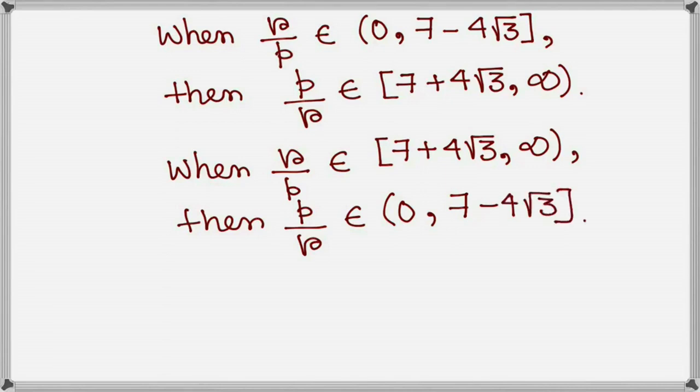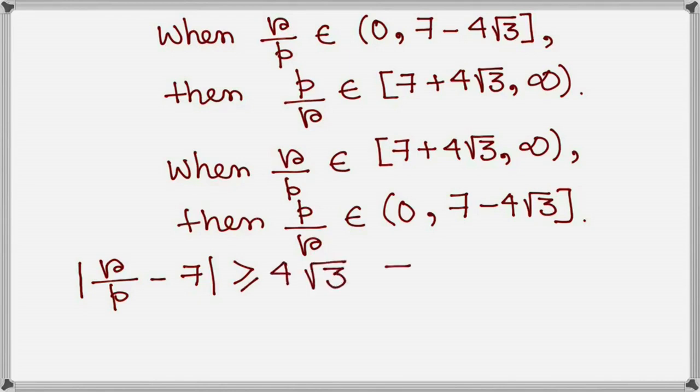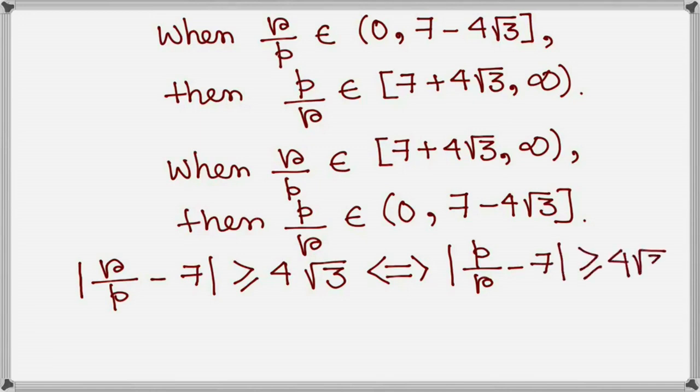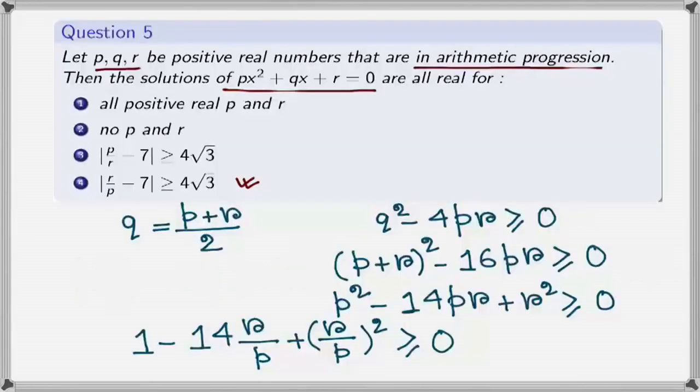So from here now we can say that the condition |r/p - 7| ≥ 4√3 is equivalent to |p/r - 7| ≥ 4√3. So option 3 is also correct.